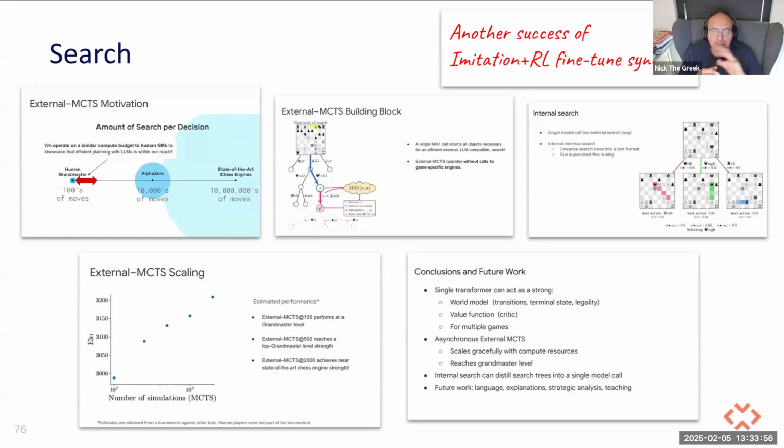And then there are two ways to play chess. One is with internal search, where you have a single model, no external search loop, and it does an internal minimax search. It linearizes the trees into a text format and runs supervised fine-tuning. So basically the model learns how to create these trees and decide.